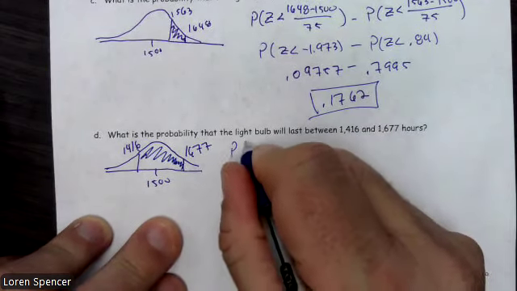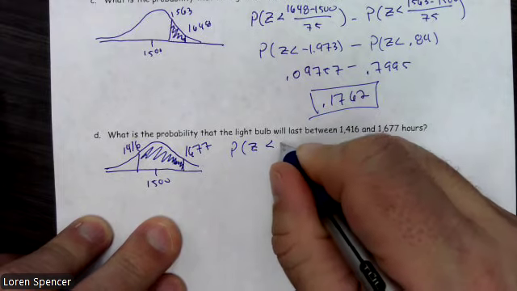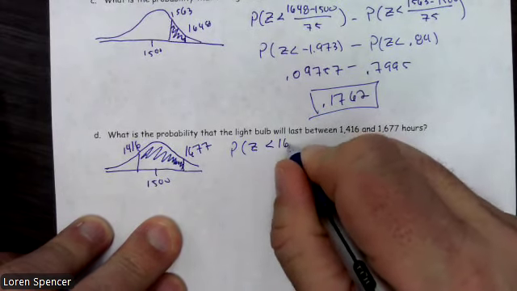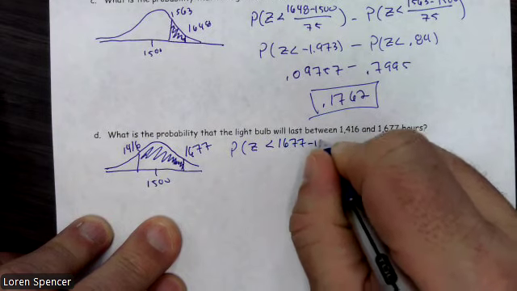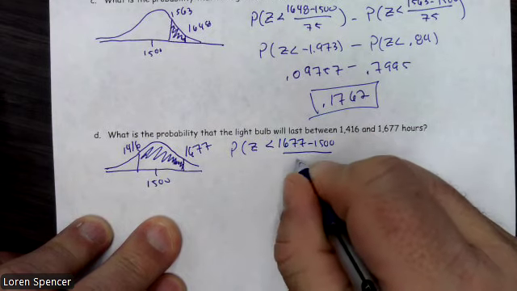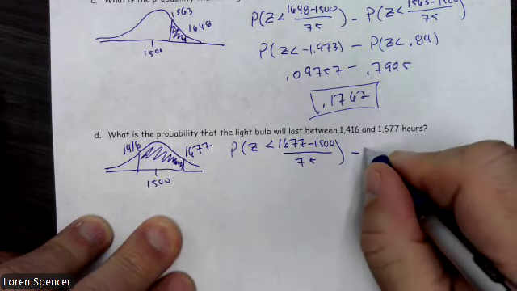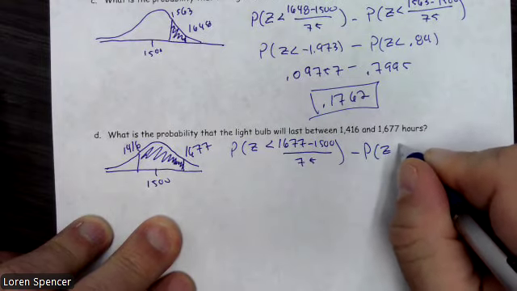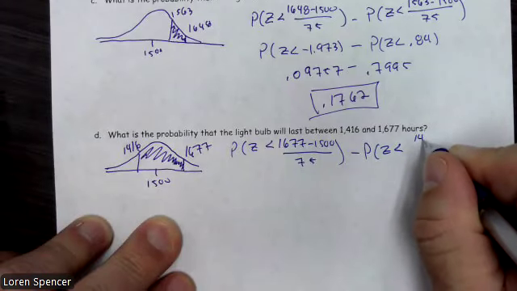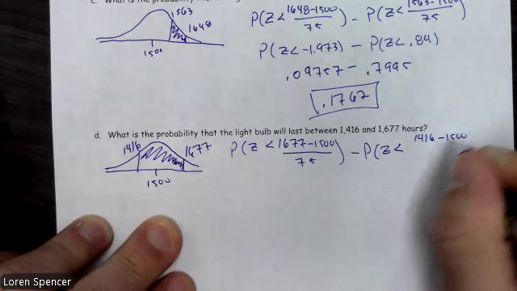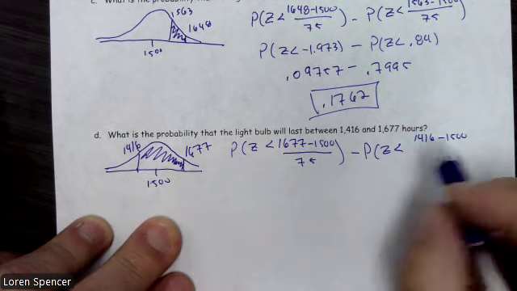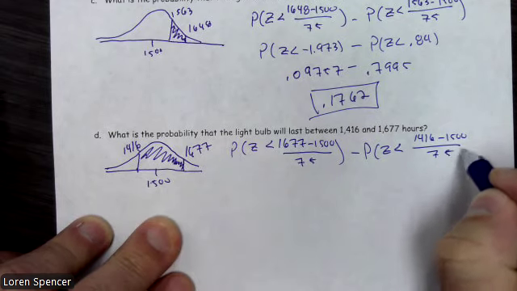So the probability that Z is less than 1677 minus our mean of 1500 over our standard deviation of 75, that's the upper one, minus the lower one, the probability that Z is less than 1416 minus 1500 over 75. Notice 1416 is below the mean.